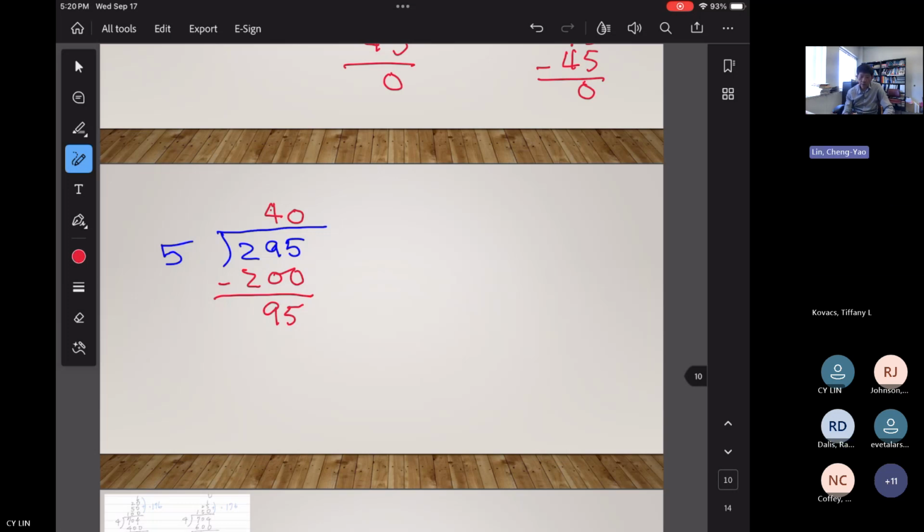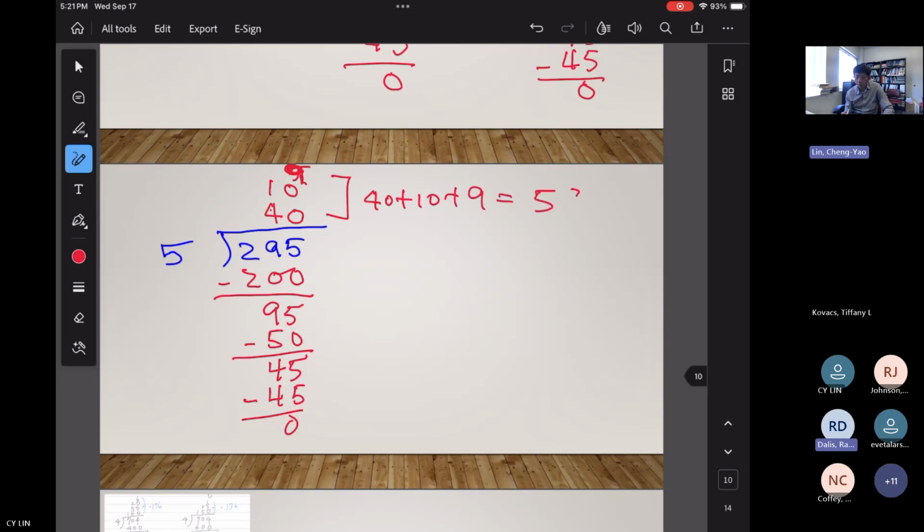And the next one, I will just take a 10. And then I got 50, 45. And the next one, we got a 5. 5 times 9, it's 45. So the answer is 40 plus 10 plus 9.